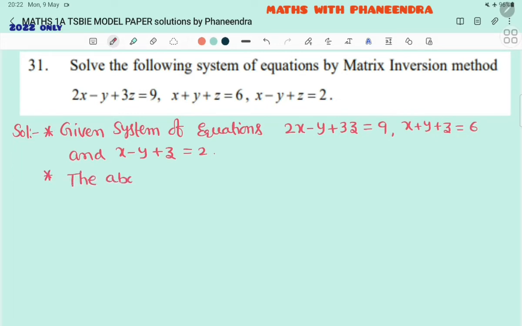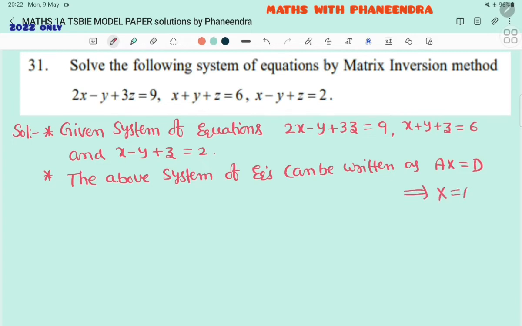The above system of equations can be written as Ax is equal to D. From that, x is equal to A inverse D, where x is the solution matrix and A inverse is the inverse of the matrix.